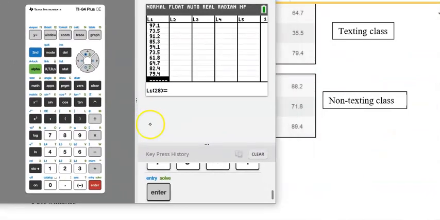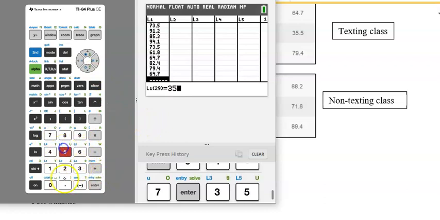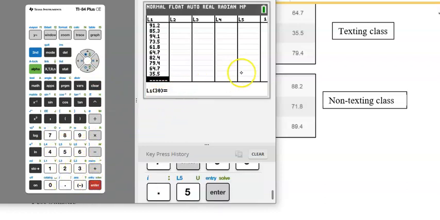There's one more to go. 64.7, 35.5, that's the 30th.